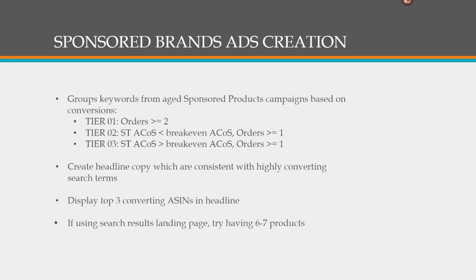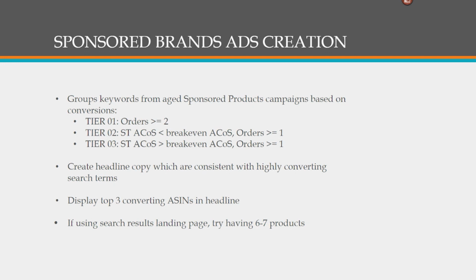This was more relevant when Amazon had a policy where you had to have a minimum of 3 products on your search results landing page. If any of them got out of stock, then your sponsored brands campaign would be automatically disabled.